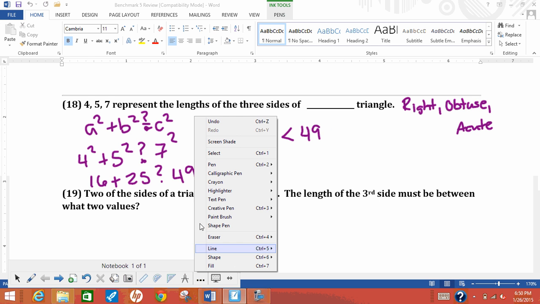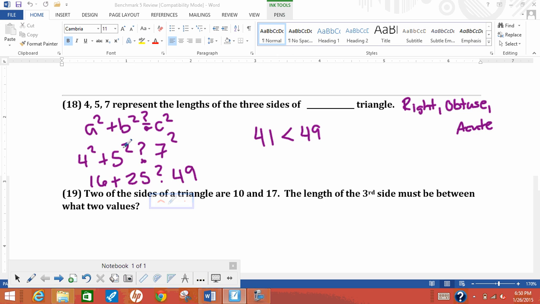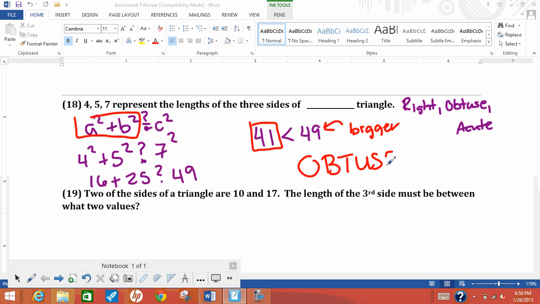So if my a squared plus b squared side is less than the c squared side, that means c squared is bigger, then this is an obtuse triangle. So if you do a squared plus b squared equals c squared, and there's a less than sign, it's obtuse.